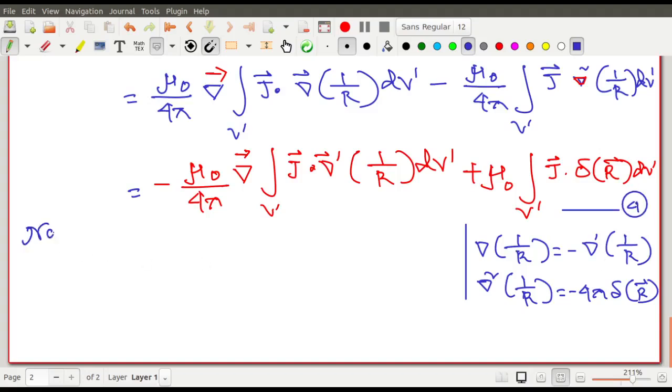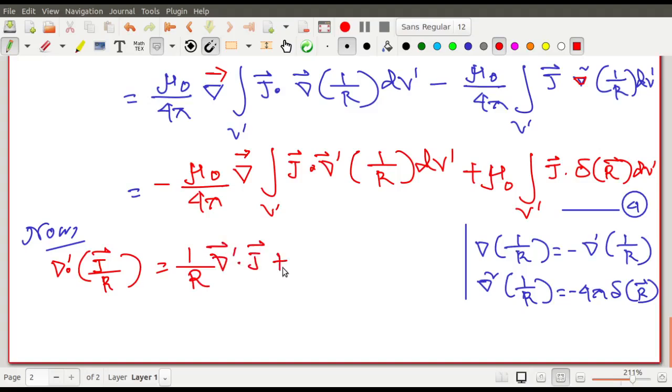Now notice that this one, divergence dashed of J vector by r, is what? Divergence dashed of J vector by r is what? So there will be a term 1 by r divergence dashed dot J plus J dot gradient dashed of 1 by r, right?